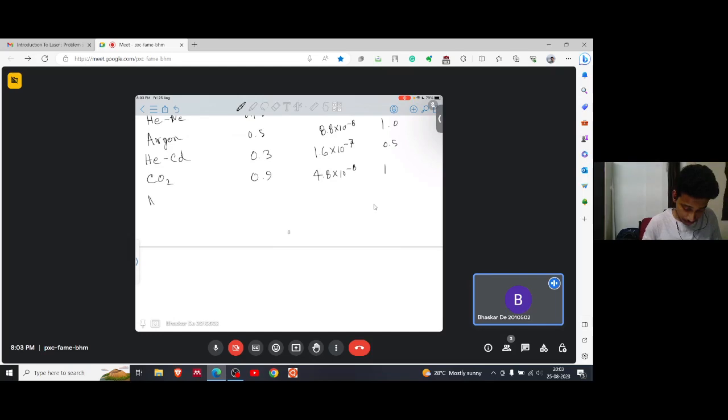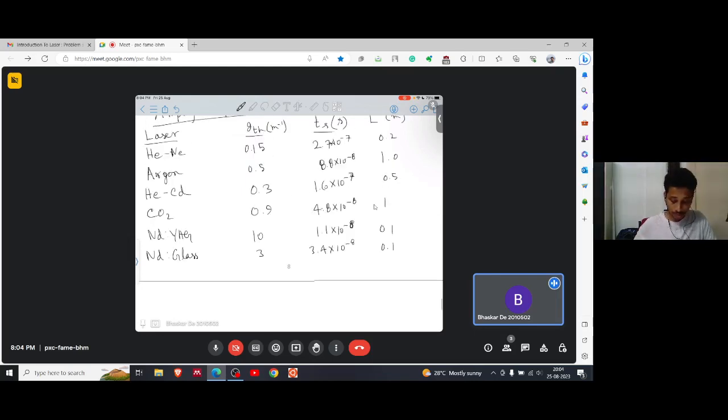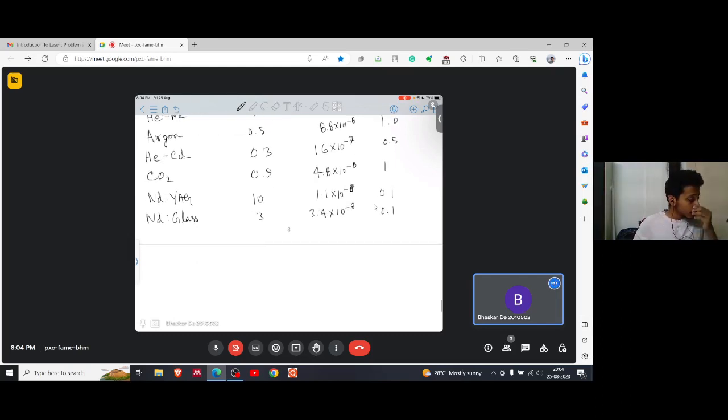Then Nd:YAG laser has a gain threshold 10, gain duration 10 to the minus 8, and the length is 0.1. Then Nd glass, gain threshold 3, gain duration 3.4 into 10 to the minus 8, and the length is 1. So these are the amplifier parameters for various lasers.